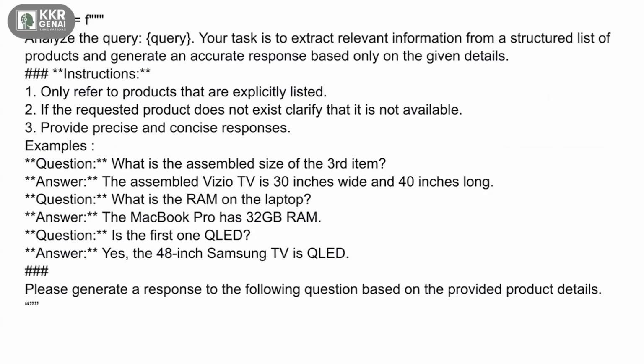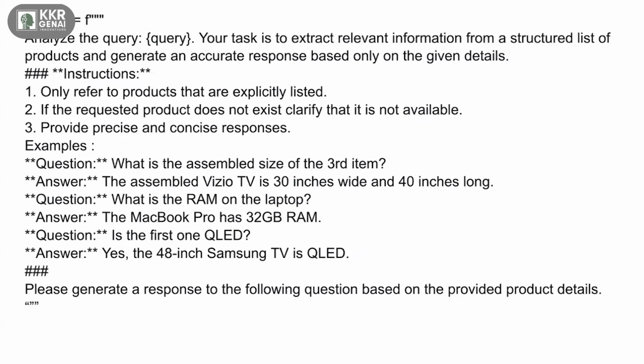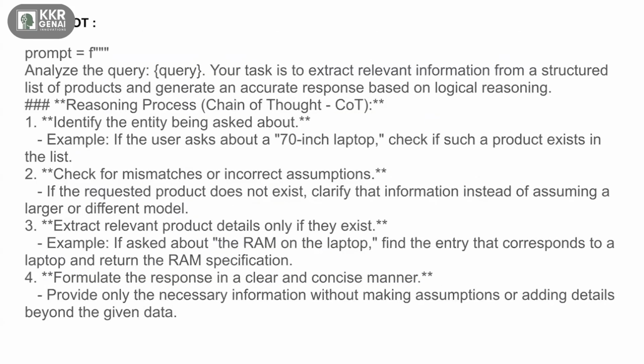We'll have some keywords, and in the instructions and in the examples also, we are providing details so that the LLM knows all this. If you are having a plain few shot prompt, you'll not have all this. But if you are having COT, you'll have some extra keywords like step by step or reasoning process. All these help the LLM come up with the answer.